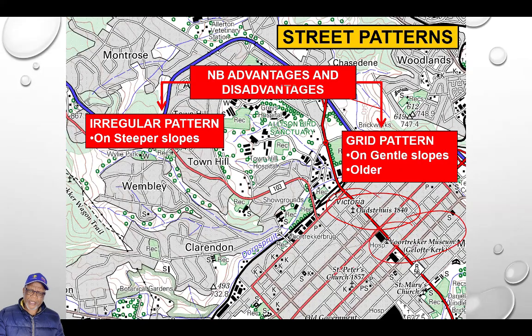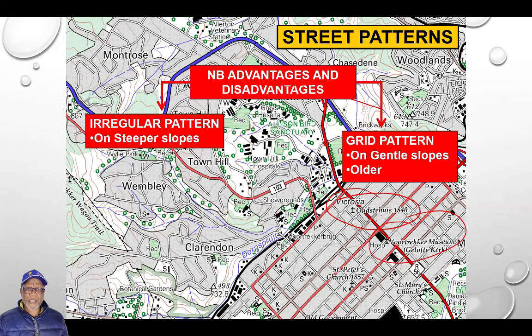Now let's look at the irregular pattern. What are the characteristics? It is usually found on steeper slopes and the latest developments. The irregular patterns are interesting. They are not monotonous. Because there aren't so many intersections, it allows for traffic flow, and as it allows for traffic flow, it also saves traveling time.